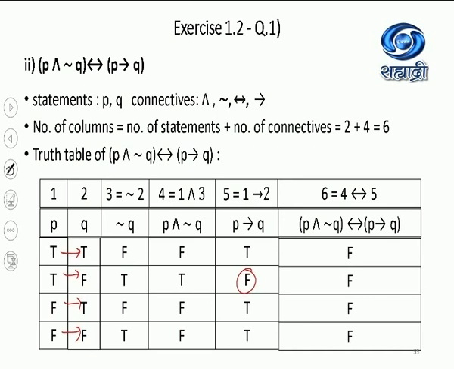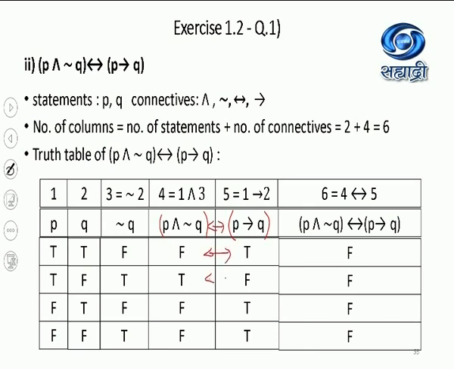What does it include? It includes column 4, if and only if, column 5. For if and only if, the hint is that the column 4 entries and column 5 entries are the same. Are they? No, they are not.